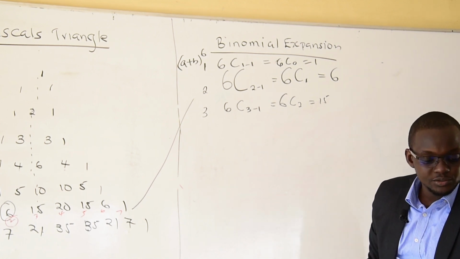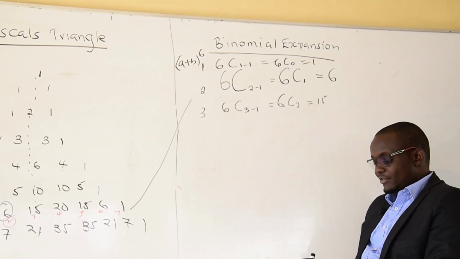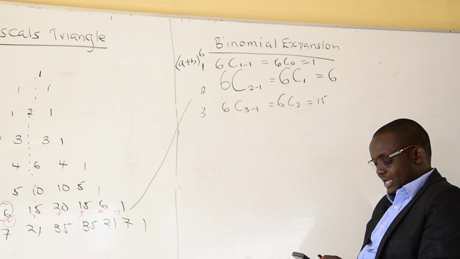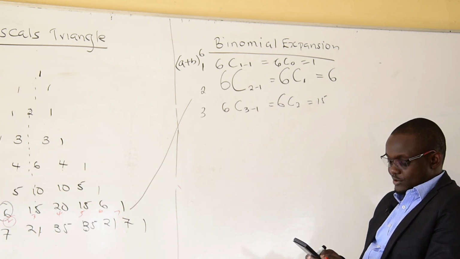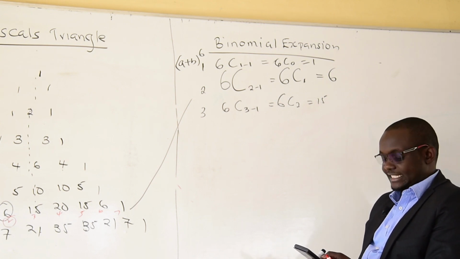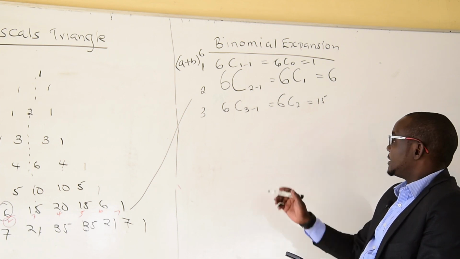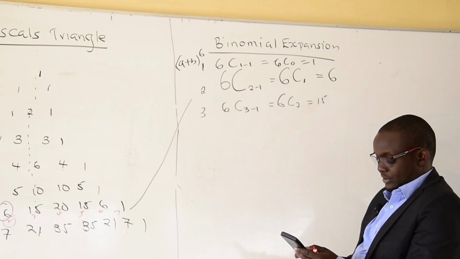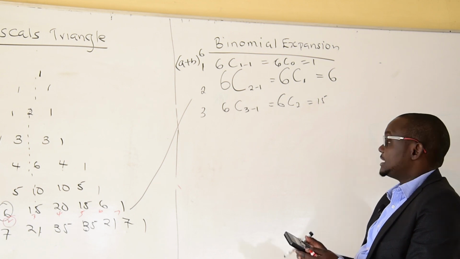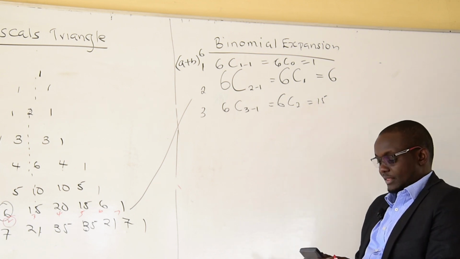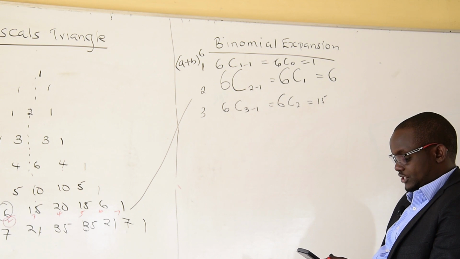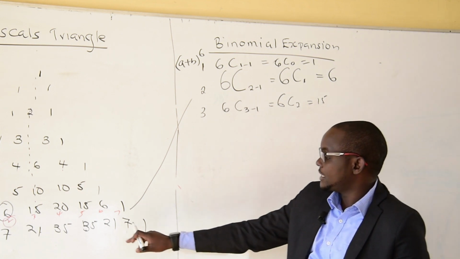You can do that using your calculator. If you have a scientific calculator, you put 6, then you look at where the calculator is written nCr. You click shift, then nCr, then you put the 2. The answer it gives me is actually 15. The same, when I do 6 combination 3, the answer is 20.